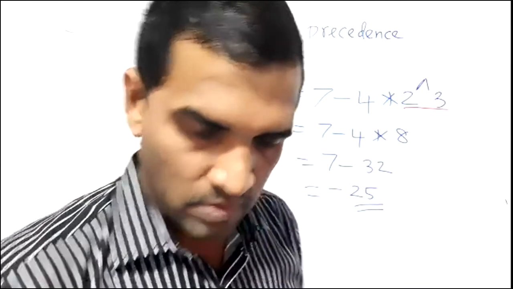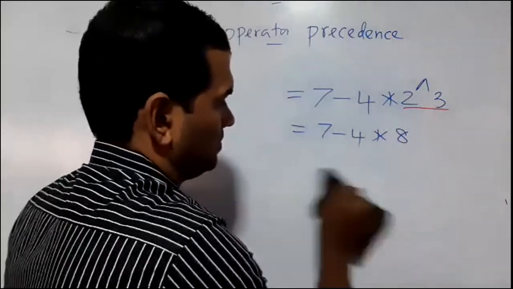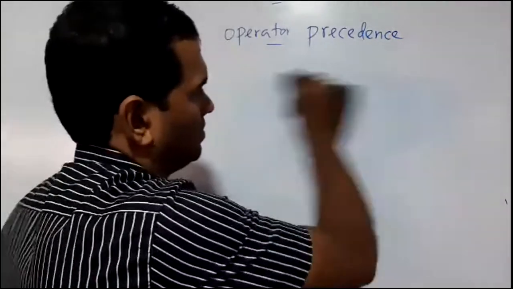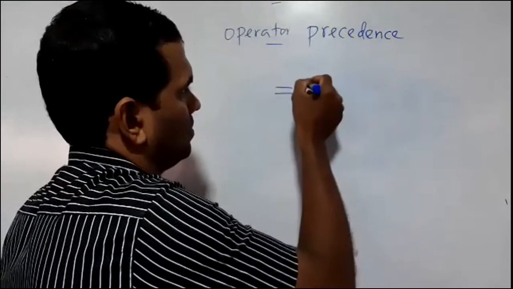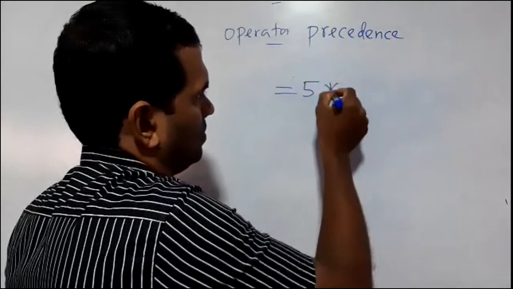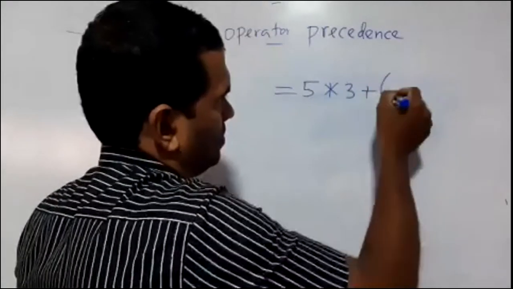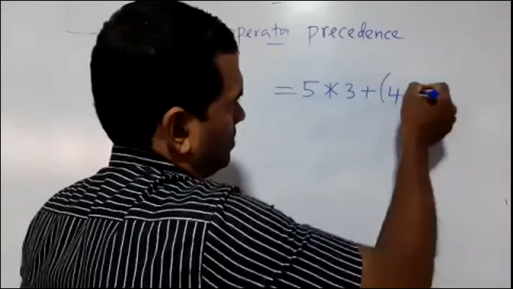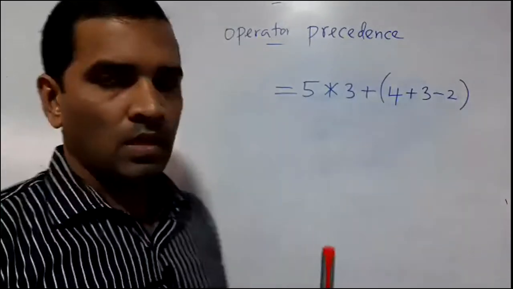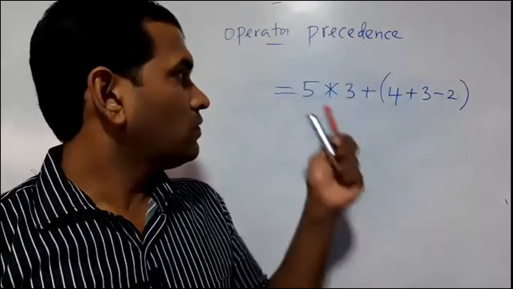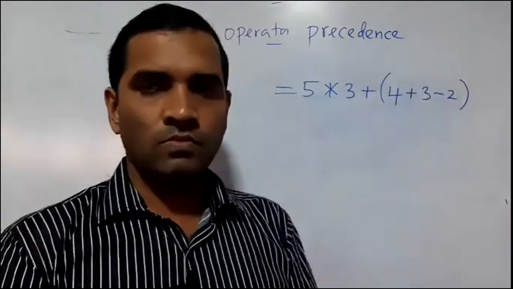Got it? One final question, or one final operator formula. Right, have a look at this. 5 asterisk, open bracket, 3 plus 4 plus 3 minus 2, close bracket, right?